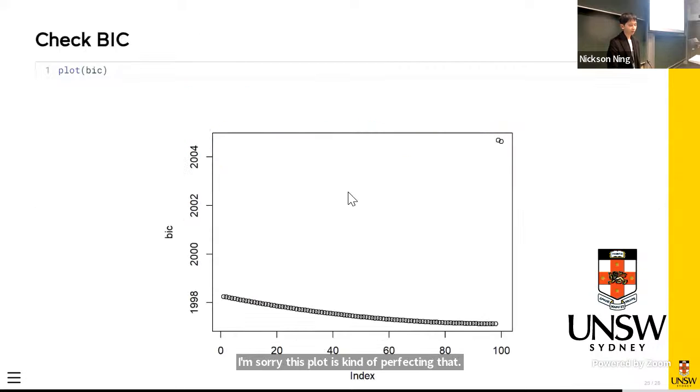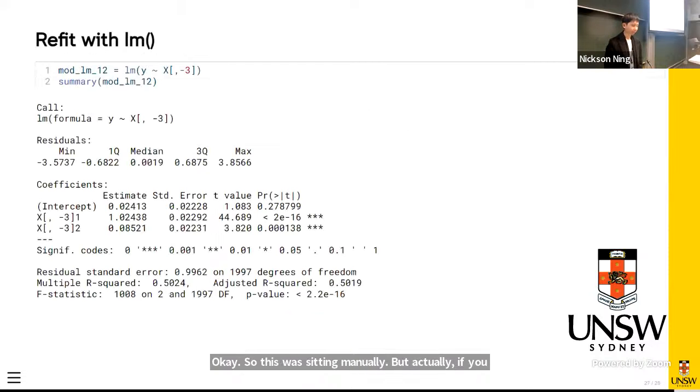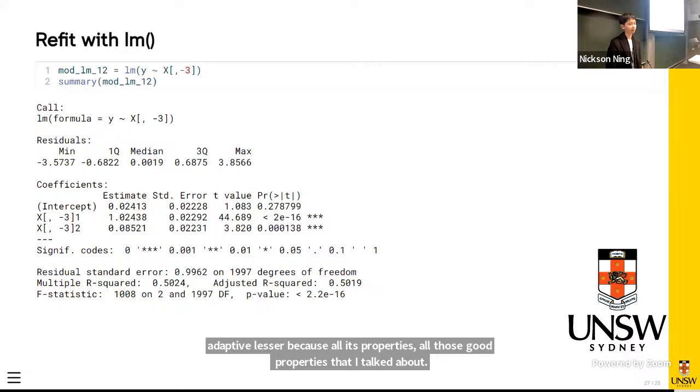Okay, so this was setting lambda manually, but if you recall from what I said previously, the adaptive lasso has this thing called the oracle property, which means that if your sample size is large enough, which you should be at least somewhat confident of before applying the adaptive lasso, because all its good properties that I talked about are asymptotic results for very large sample sizes.